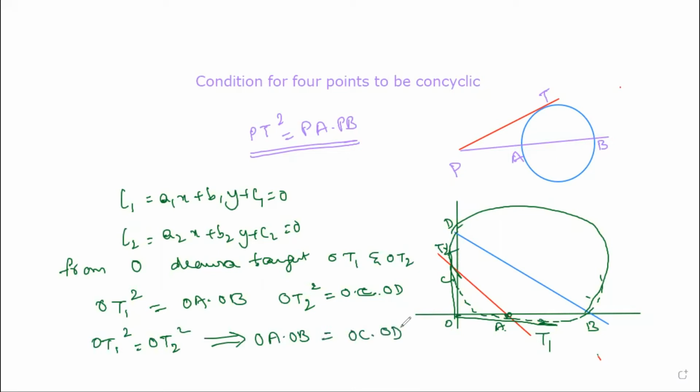So this is the initial condition. When the points are clear to you, you can take out these distances and prove that the points are concyclic. But if we explore this concept further, let us take the coordinates.